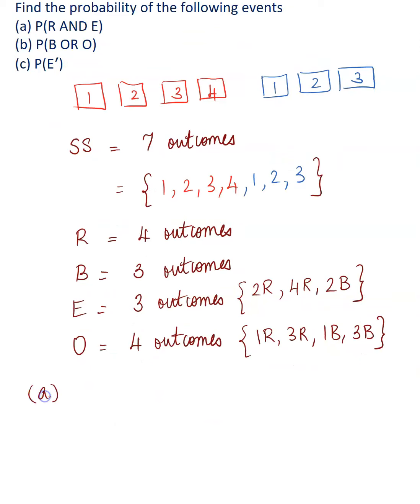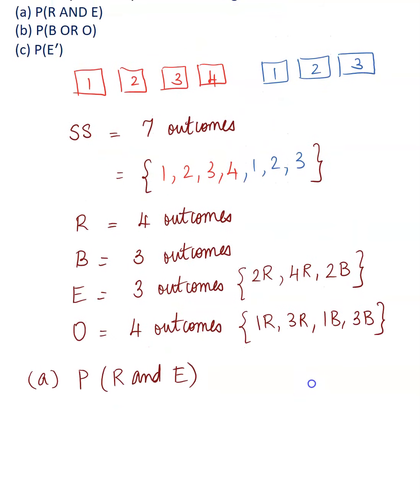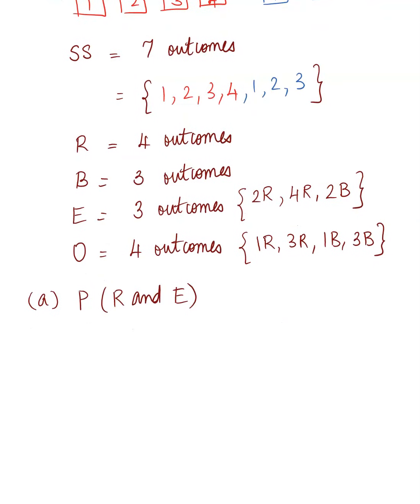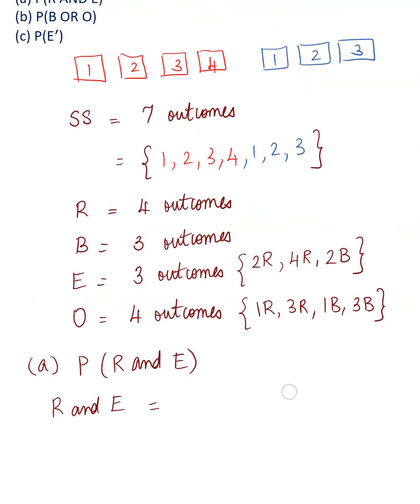Now, question A says, find the probability of R and E. So it's an AND event. If you recall, AND event means we have to find what is common to both R and E. Now for this, it might be better for you to list them and then see what's common, or you could come back here and try to see what R and E have in common.